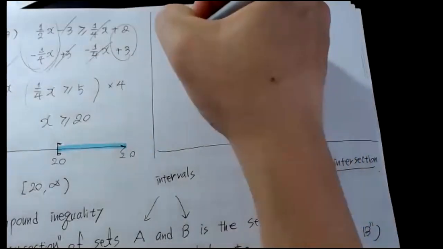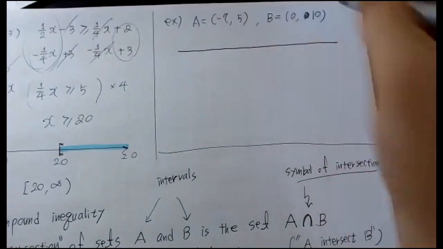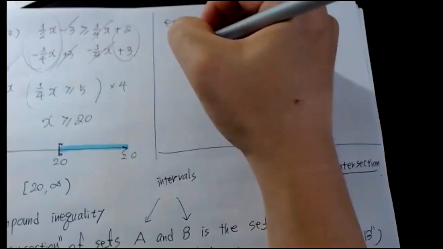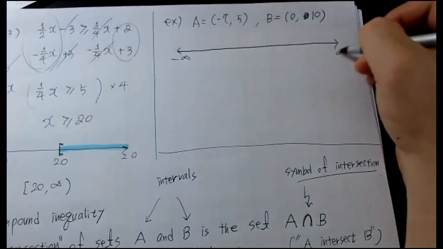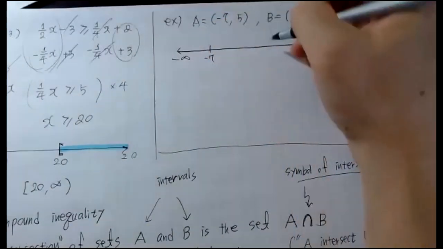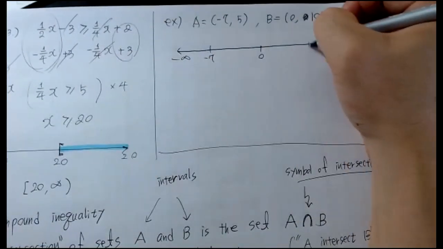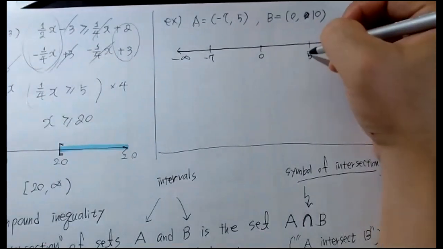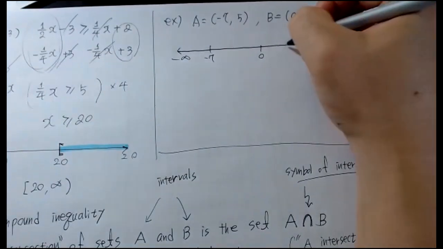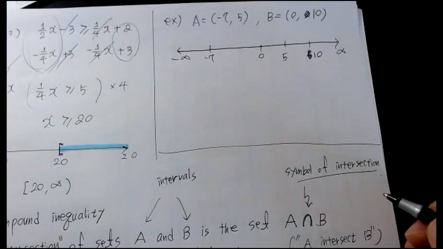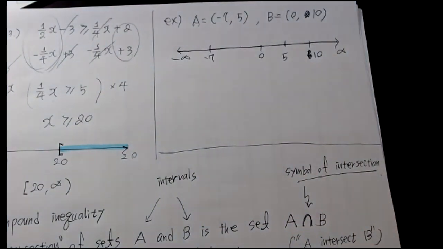Then let me plot those two sets on the number line. So negative infinity and then infinity. Here's negative 7, here's 0 maybe, and then 5 is right here, and here's 10. Sorry, here's 5.